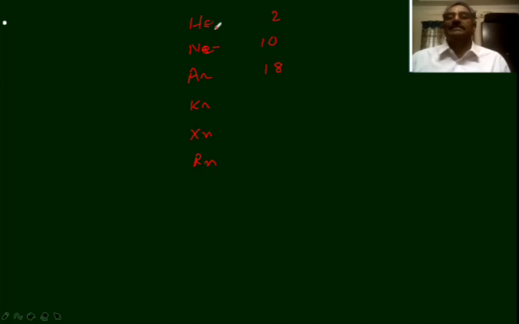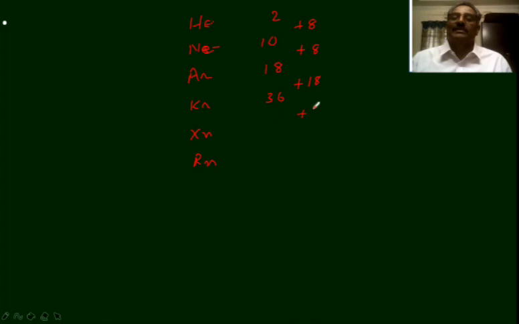Helium 2, by adding 8 to 2, we get the atomic number of neon. By adding one more 8, we get the atomic number of argon. And to this, by adding 18, we get the atomic number of krypton, that is 18 plus 18, 36.